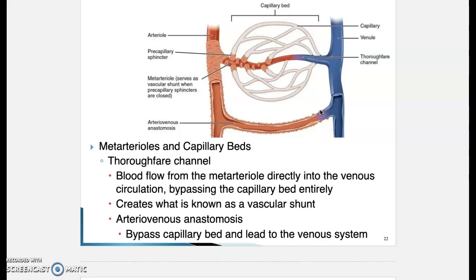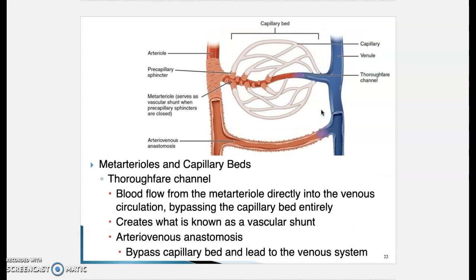Here we see that capillaries lead to capillary beds, where there are precapillary sphincters that help control the blood supply. Here are the sphincters. These sphincters open and close to regulate the blood supply, and it is important for when our bodies experience extreme changes in temperature.